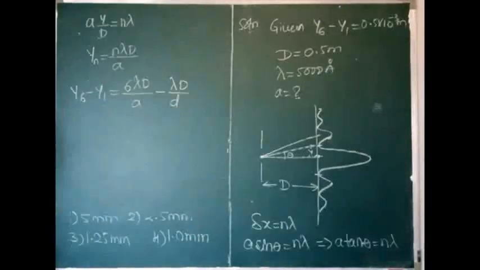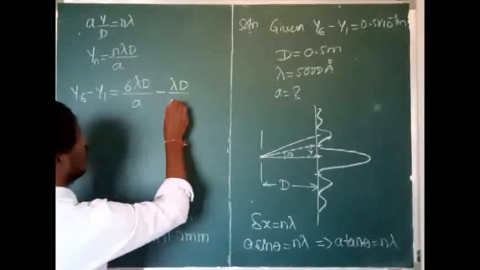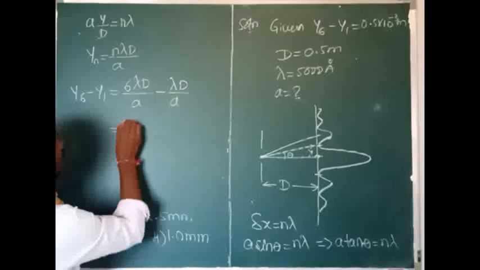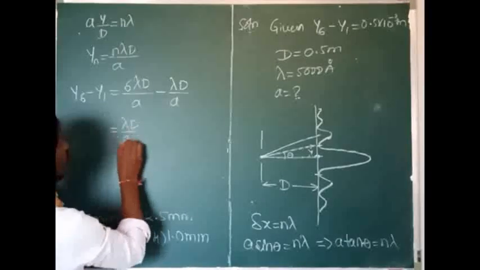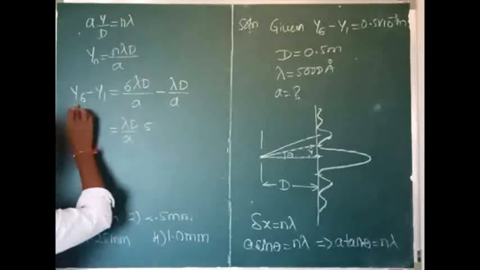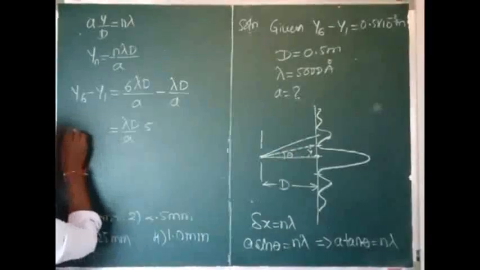Then what is common here? Lambda into capital D divided by a is common. Then I will take that common: lambda into capital D divided by a, into 6 minus 1, 5. Then what about y6 minus y1? That is 0.5 into 10 to the power of minus 3.